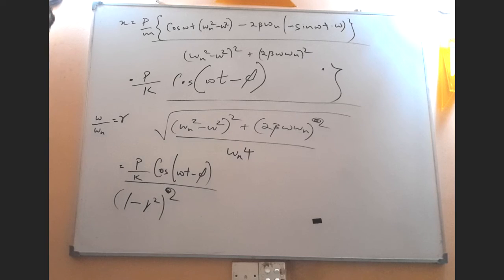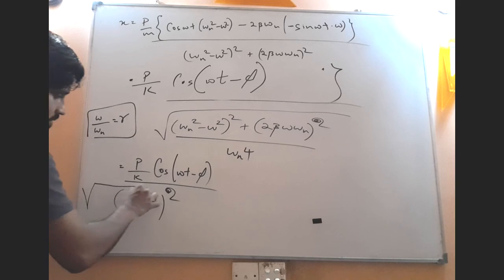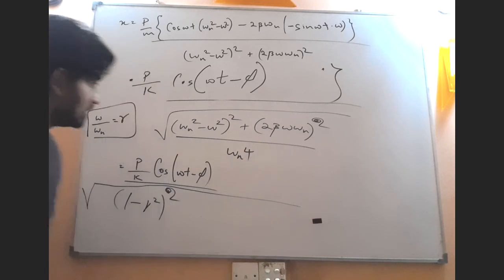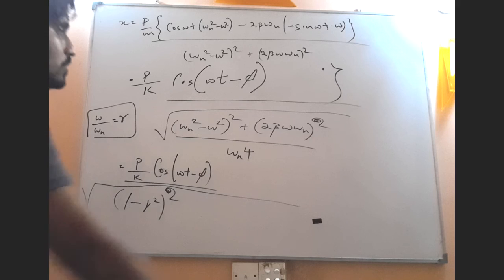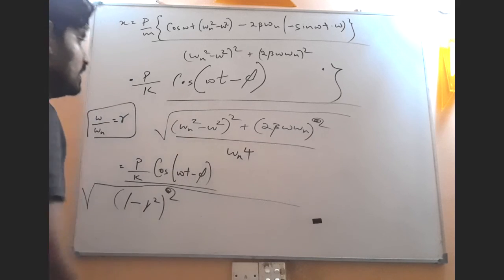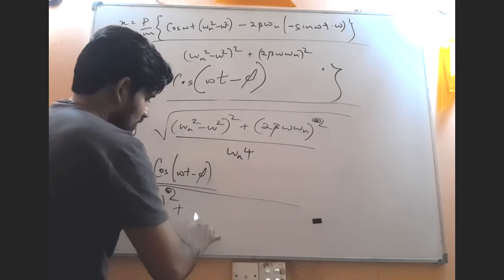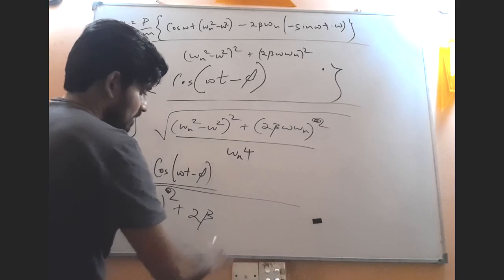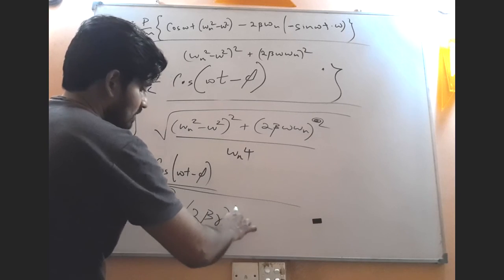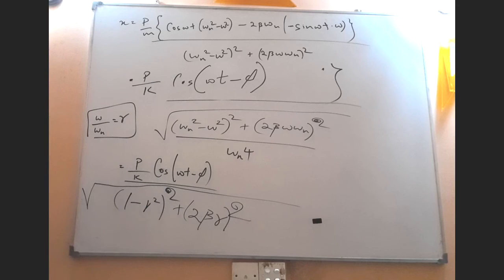Because r you already know, r is the frequency ratio omega divided by omega n. Remember to put the square root symbol. And what you would be getting here is plus 2 beta r whole thing squared. So now we have obtained the general equation.